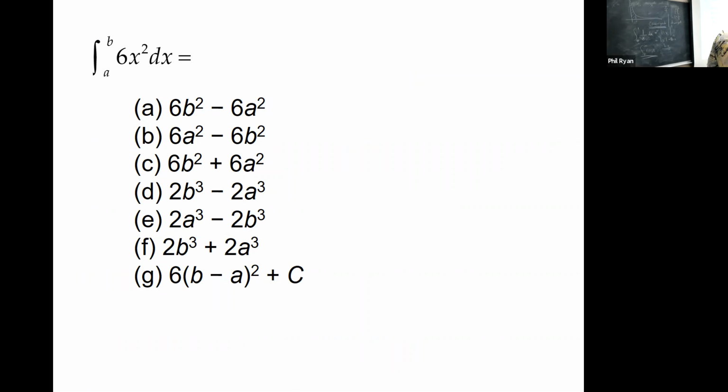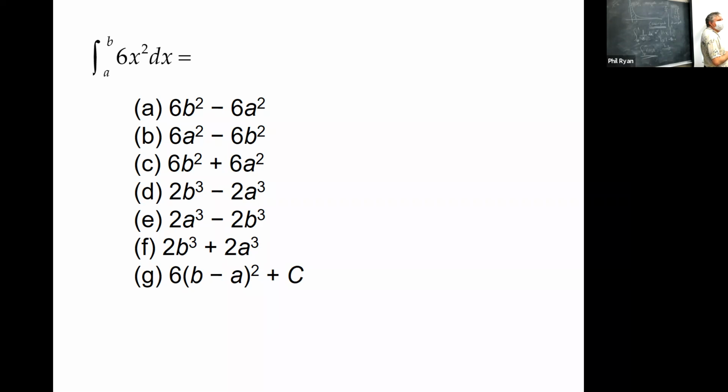What do you think this is going to be? E. Okay, so why can't it be A, B, or C? Because this is 6x squared, and we're just putting in 6x squared there.